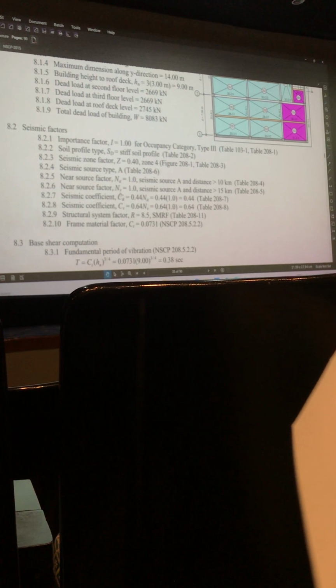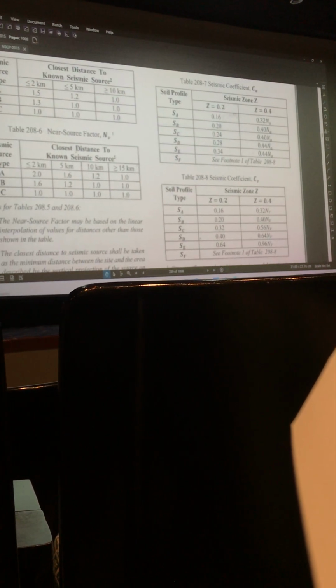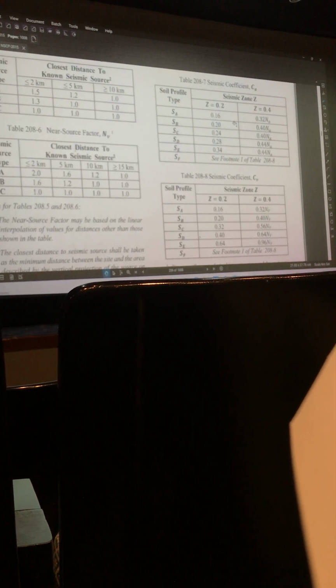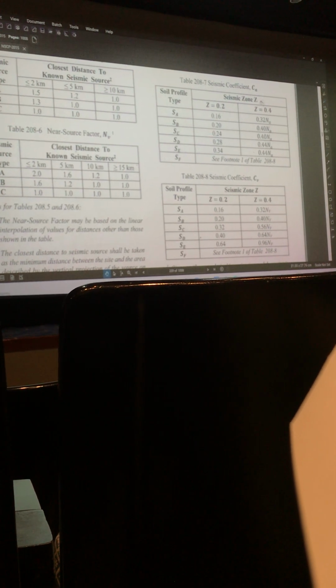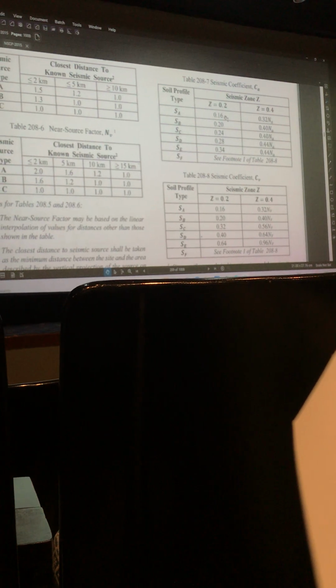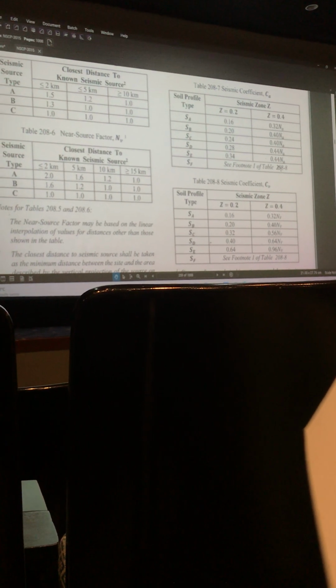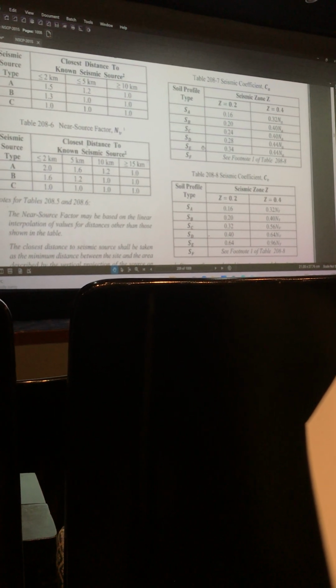Now for CA and CV, so kanisang table 28-7 and 28-8. So ang parameters nga mo determine, no, sa imong seismic coefficient CA are the soil profile type and the seismic zone. So mo ni siya mga values sa zone 2, gani sa zone 4. So ang ato kuan man ta, di ba?